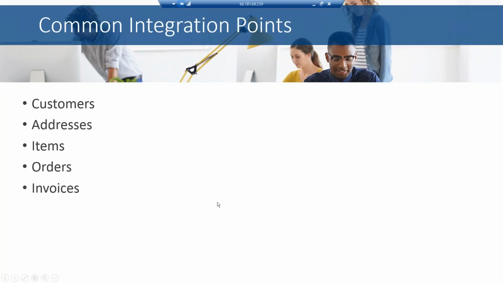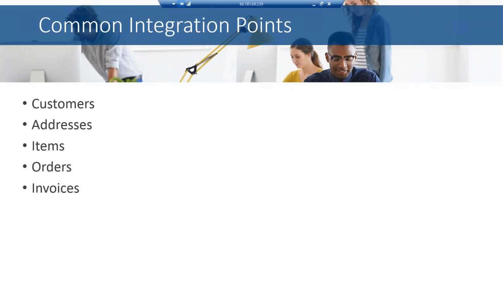So the most common integration points are customers, addresses, items. If your organization sells inventory items, then certainly items are going to be important, orders, and then invoices. So those are the most common integration points. I'll talk more about how those translate in just a minute.